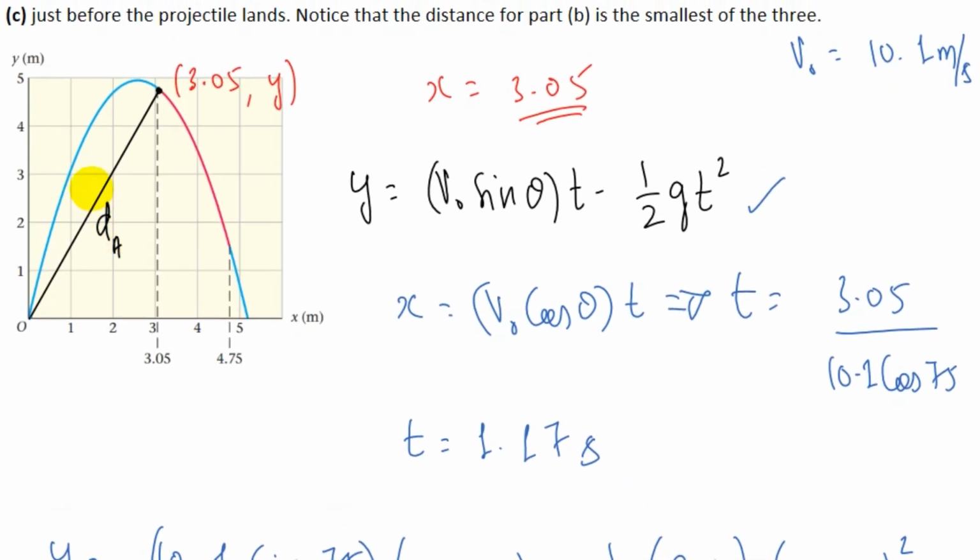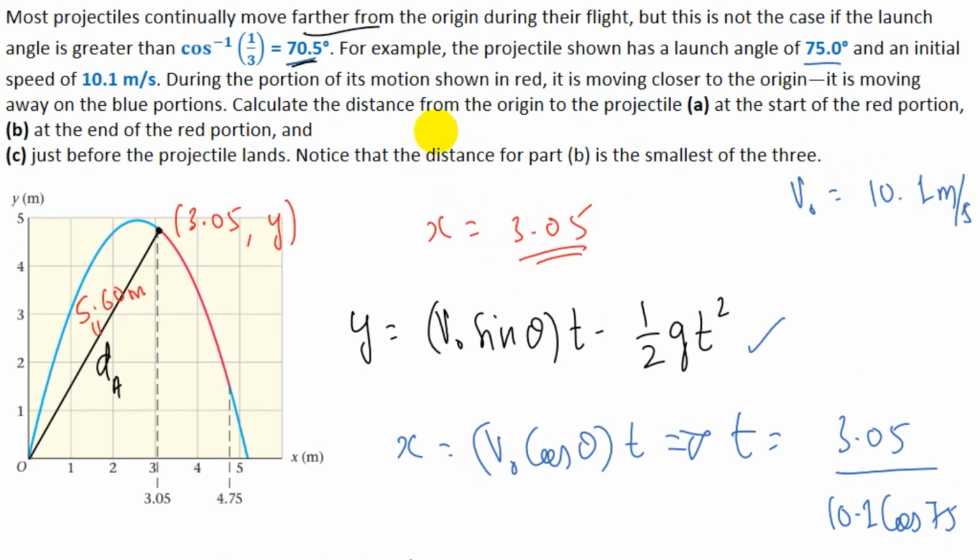Let me write it here. This is 5.60 meter. Now next we have to find the distance from the origin to the end point of the red portion. So the red portion ends here, so we have to calculate this distance, and let us call it dB. Now again we'll find the time when the projectile reaches here.